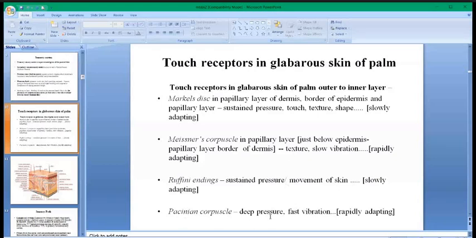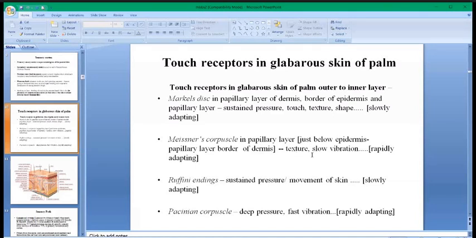When you are in some vehicle, when they start it, there is a vibration, and we feel vibration in our buttock, isn't it? When we are sitting in, say for example, a microbus, right? Fast vibration. So that is rapidly adapting. Otherwise, we cannot travel for a longer distance. We will be irritated. So it is rapidly adapting, Pacinian corpuscle.